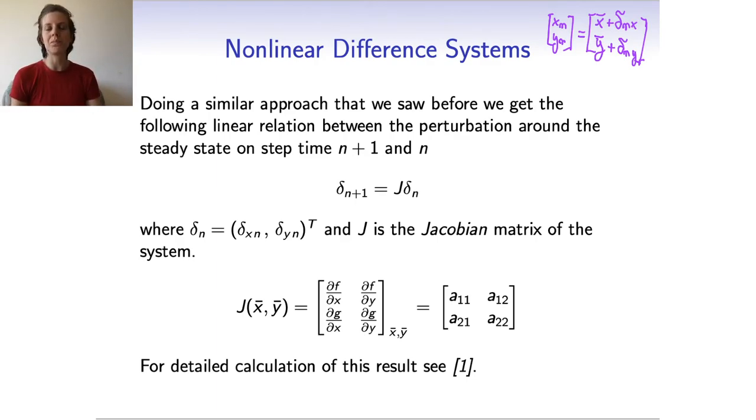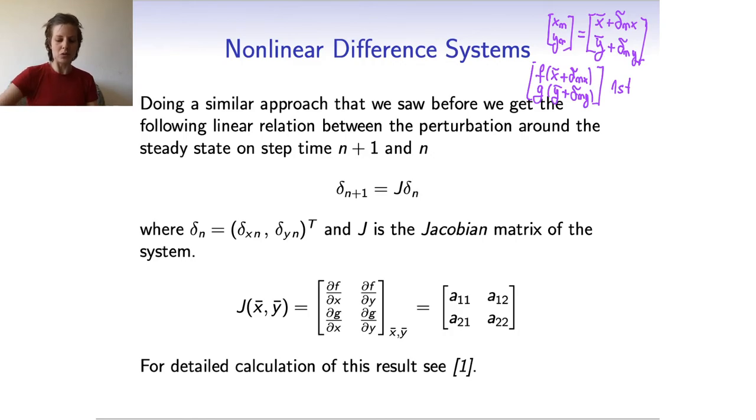We find the first order Taylor approximation, but now it's a vector, for f of x bar plus delta xn, and so we find the first order approximation for this.